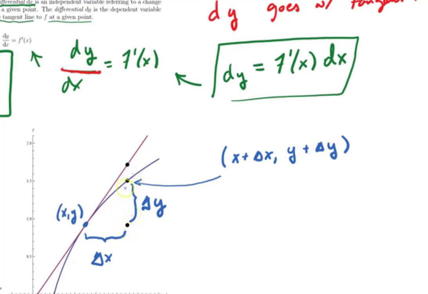Just like in our linearization, finding this point on the curve can be tricky. So rather than doing that, we're going to talk about finding this point on the tangent line.